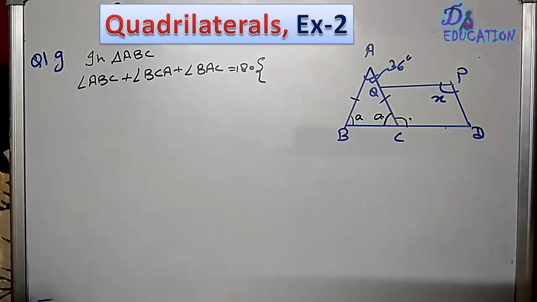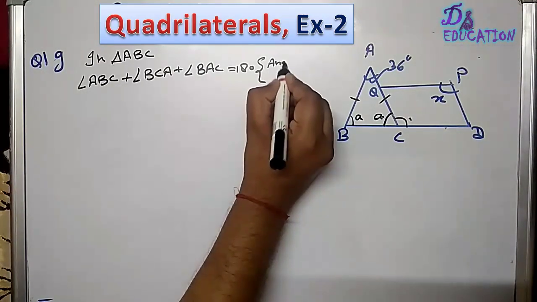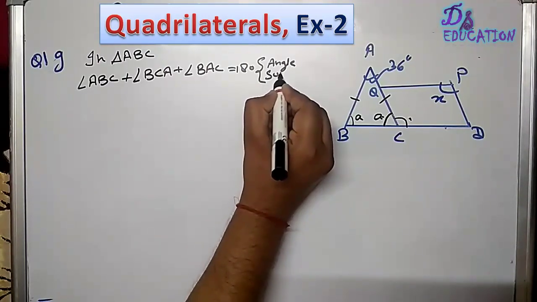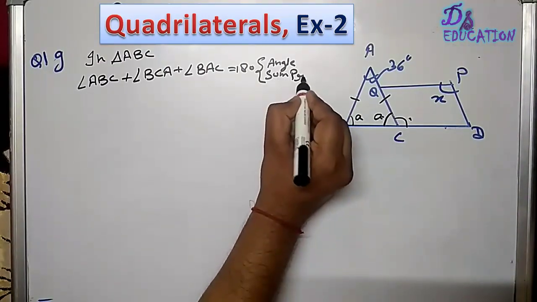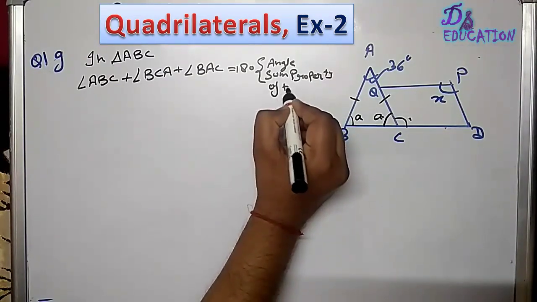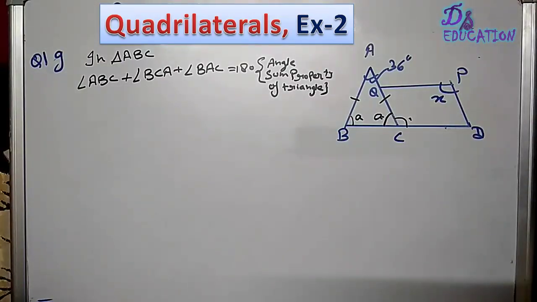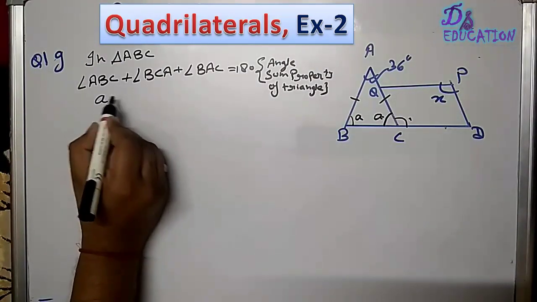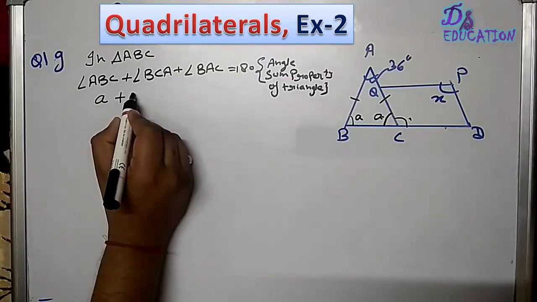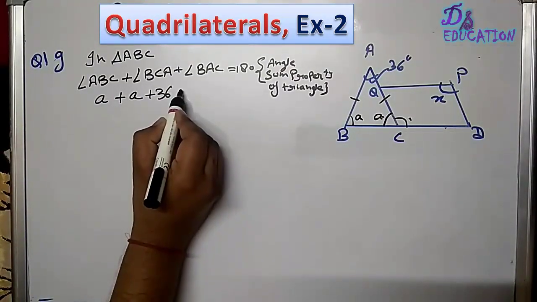You have learned the angle sum property of triangles, okay. Understood this thing? It is the angle sum property. Now in this figure I have taken this as A, this as A and 36.